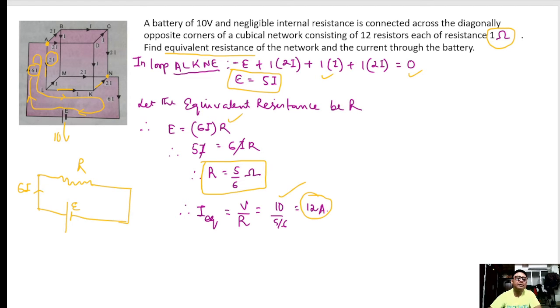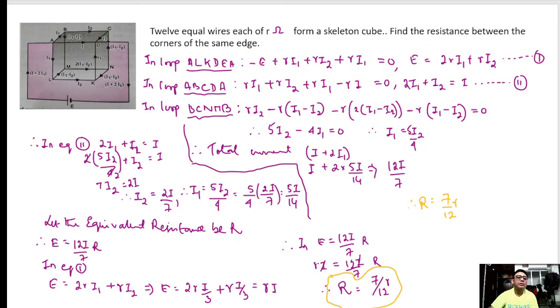So now friends, let's look into the next sum. What is it all about? The next sum, which is this. As you can see, 12 equal wires, each of R ohm, each of the arms of the wire is R ohm, because it's a cube, form a skeleton.